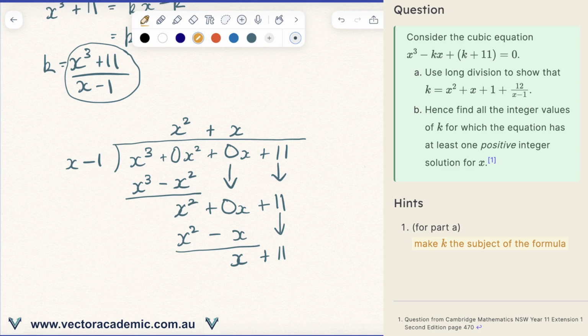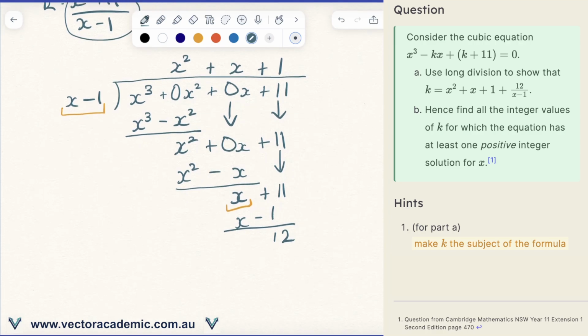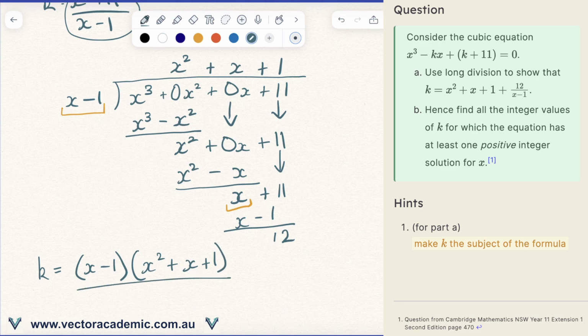Then last time round, we say, what do we have to multiply this by to get degree 1? And the answer is 1. So plus 1. 1 times x minus 1 is x minus 1. Here, this gives us 12. So what this means is that we can write k equals x minus 1 times x squared plus x plus 1 over x minus 1, plus 12 over x minus 1.